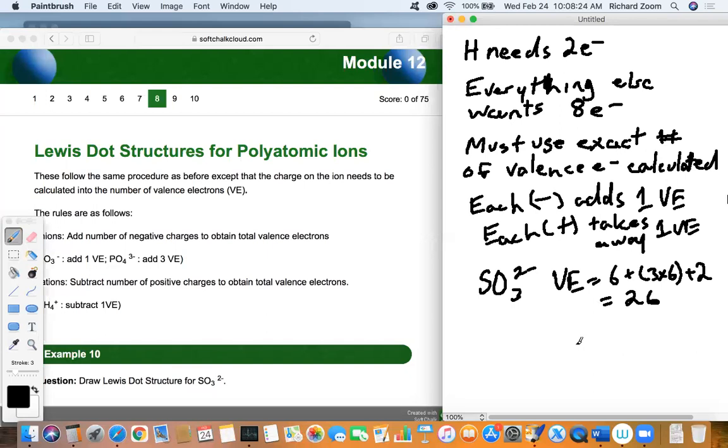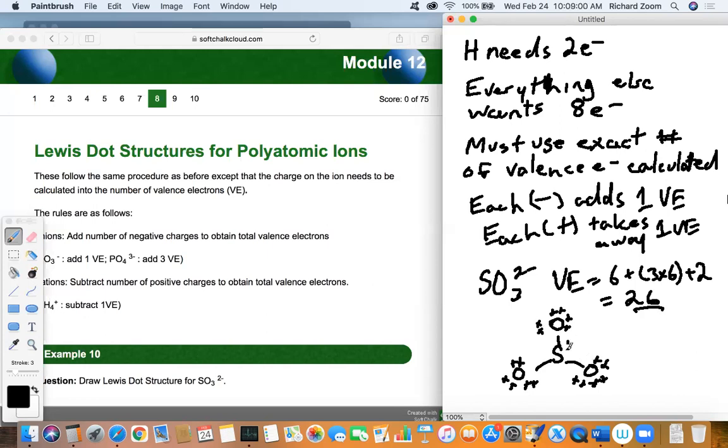The 6 is the column for sulfur and oxygen, so they're both in group 6 on the periodic table. So I go ahead now and I still do the same thing. I draw the sulfur and the oxygen, and I put in three oxygens and 3 bonds to those oxygens. And then I make the oxygens happy by giving them an extra 6 electrons, putting them in pairs like I did previously. And if I do that, I've used a total now of 24, but I have to use 26.